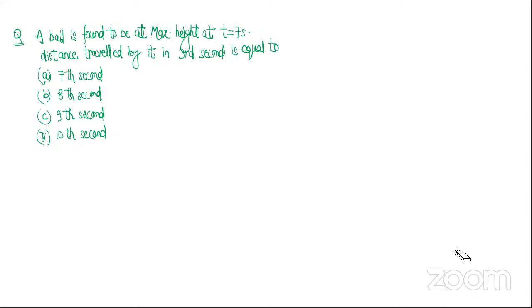Option D. Option B. Who is speaking? Tell your name, please. Swagat. Wrong. Do it again. Mrinmay, how much are you getting? Sir, I am still not able to do it.